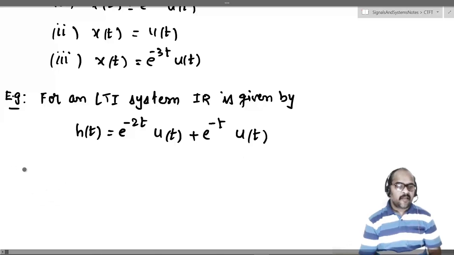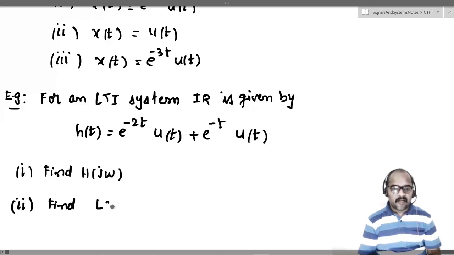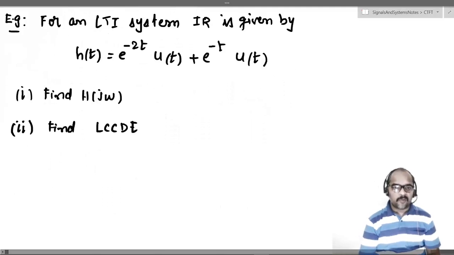The first question is to find the frequency response of the system, H of j omega. The second is to find the corresponding LCCDE, linear constant coefficient differential equation. So this is a simple problem.